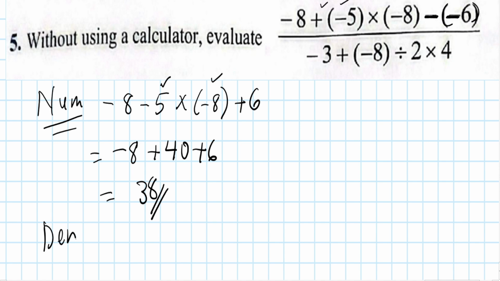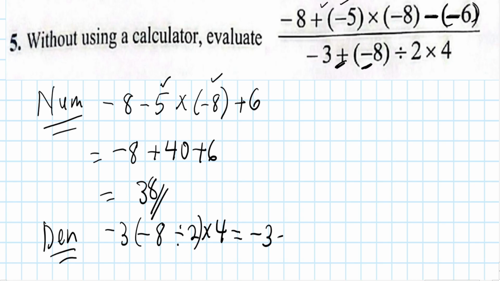For the denominator, also very easy. We have minus 3 plus and minus becomes obviously minus 8 divided by 2 times 4. Then we'll continue doing the division first. So minus 3 minus 8 divided by 2 becomes minus 4 times 4. Then we go to the multiplication side.